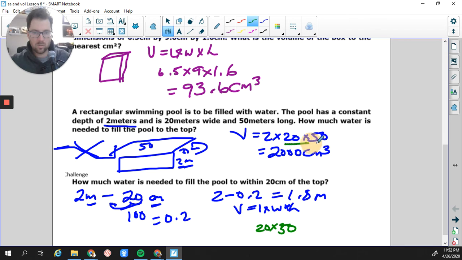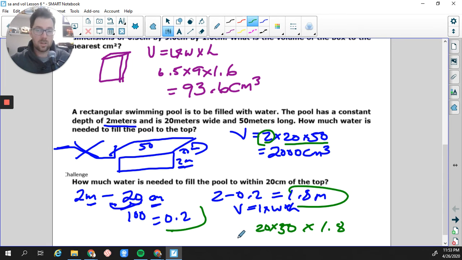We had this part, which we didn't change, but we changed our 2 to 1.8. So again, 20 times 50 is 1,000. We did that up here, times 1.8. So let's see, 1.8 times 1,000. Oh my gosh, if you calculated that with me, 1.8 times 1,000 is 1,800.